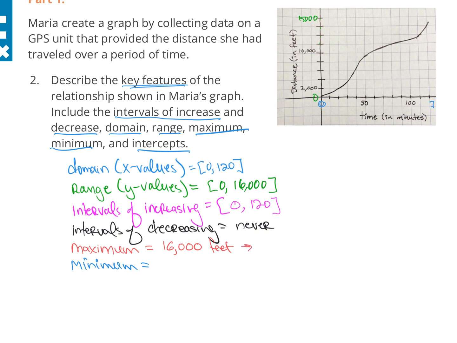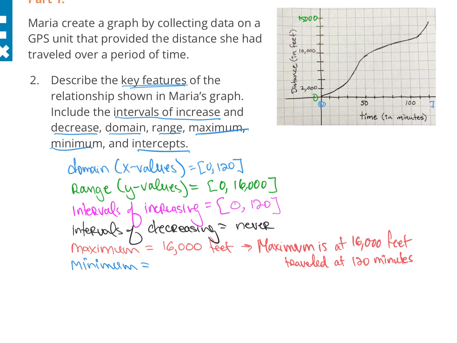So we're going to say the maximum is at 16,000 feet traveled at 120 minutes.